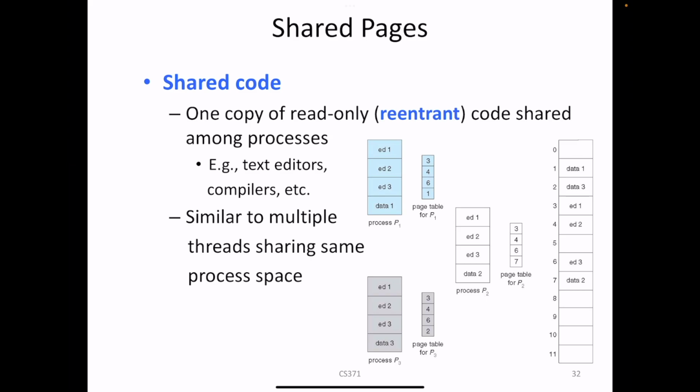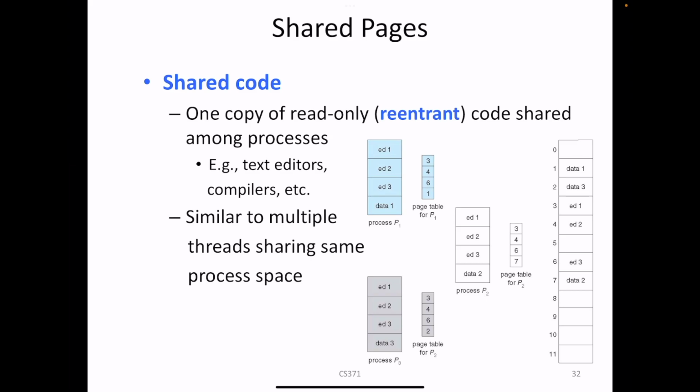The figure on the right side of this slide shows us an example. We have three processes, P1, P2, and P3. Each process has 4 pages, and the first 3 pages are instructions. They are the same in the 3 processes. The only difference is the 4th page in these 3 processes, which stores the data.